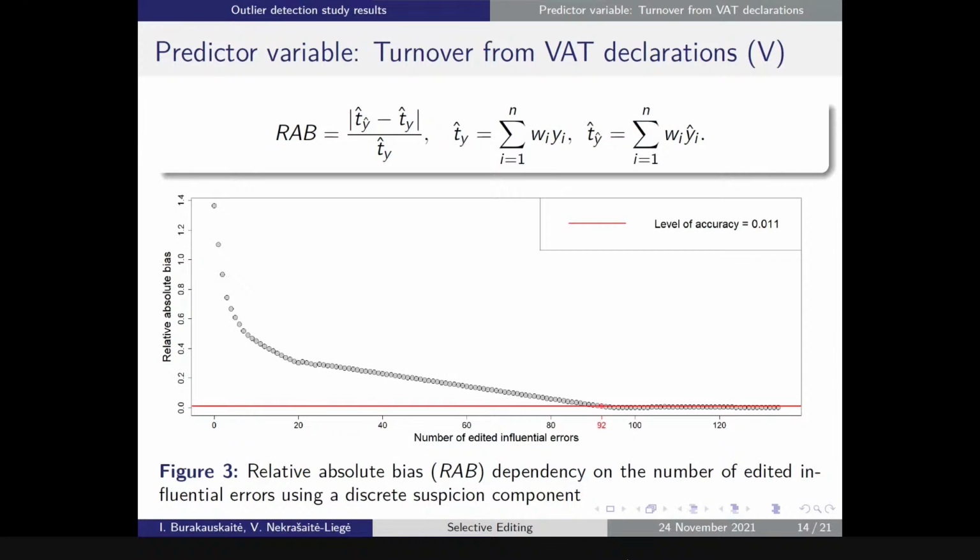When selective editing with a discrete suspicion component was used, 134 influential errors were identified, but after calculating relative absolute bias, it turned out that only 92 of those influential errors have to be edited in order to reach the desired level of accuracy.